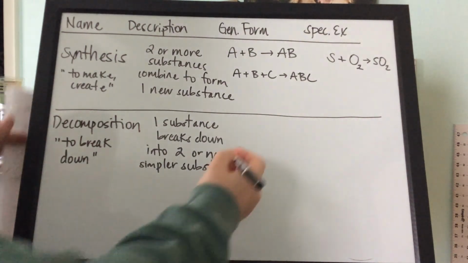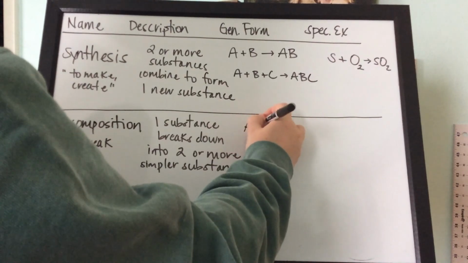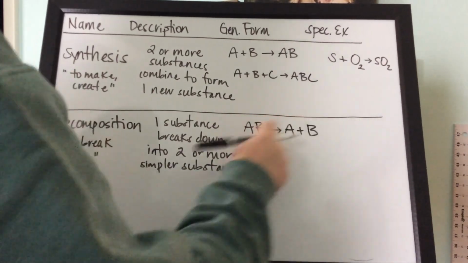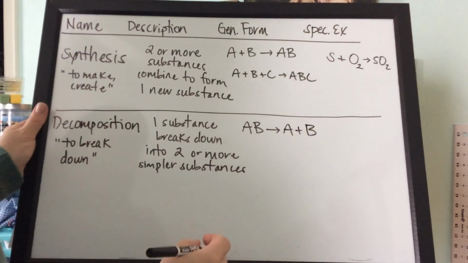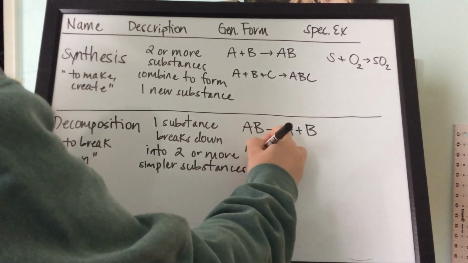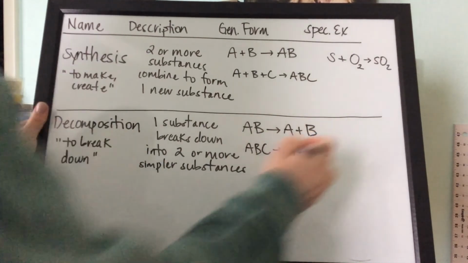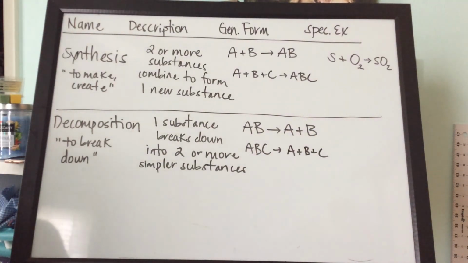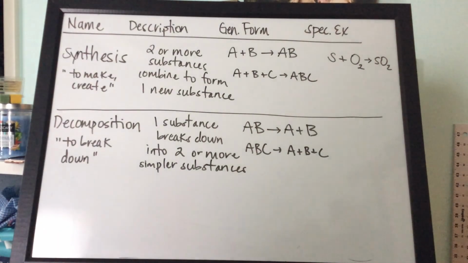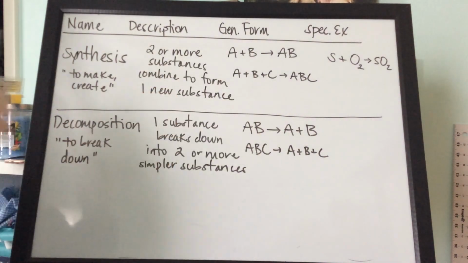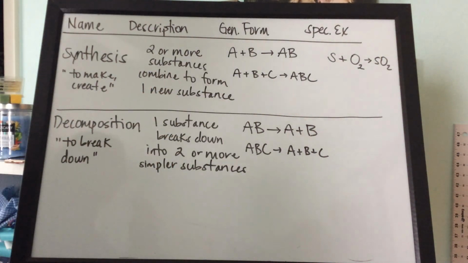So a general form might be taking something like AB and forming A plus B, right? One thing breaking down into 2, or maybe even the one we just saw, ABC, breaking into A plus B plus C. Now, these are both decomposition reactions, and what you may be noticing is that the synthesis reaction and the decomposition reaction are exactly the opposite of each other. Okay, they're opposites.